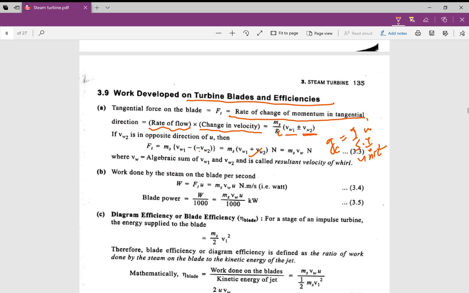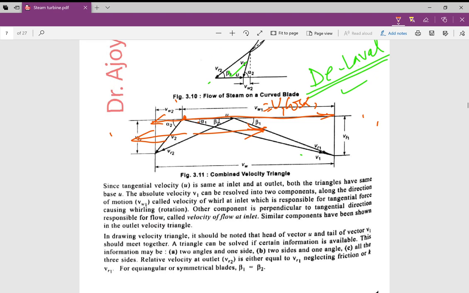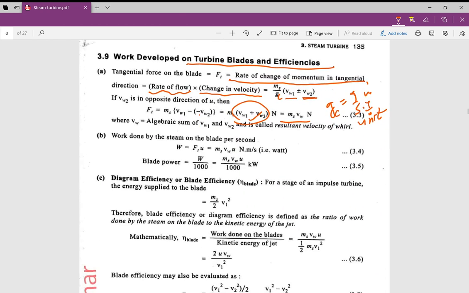So finally this Vw1 plus Vw2 is your total value Vw, from here to here, that is this plus this, right? So total ms Vw, and the unit of force is Newton.